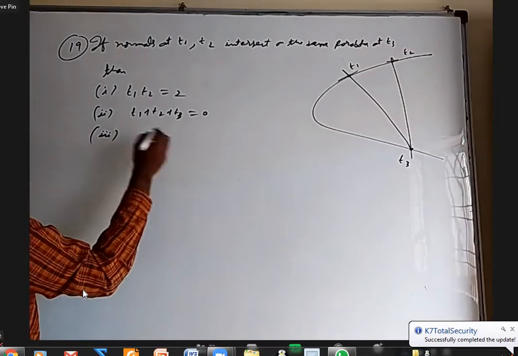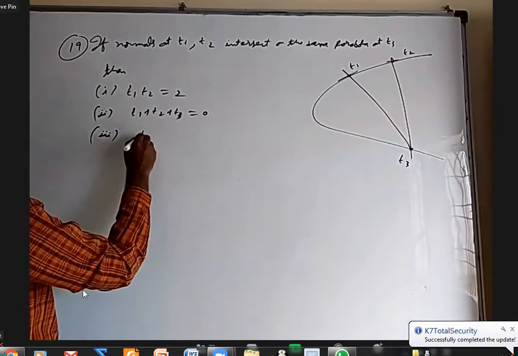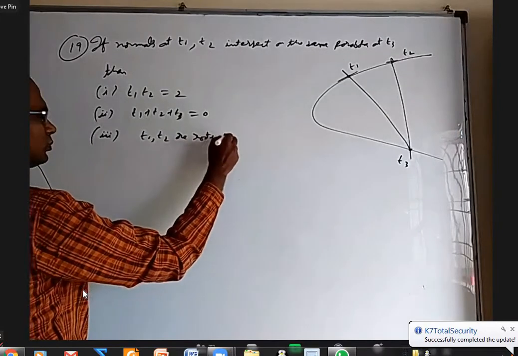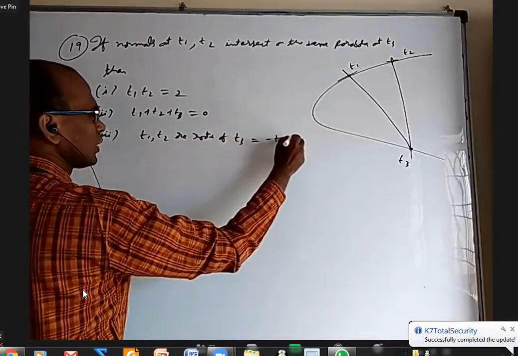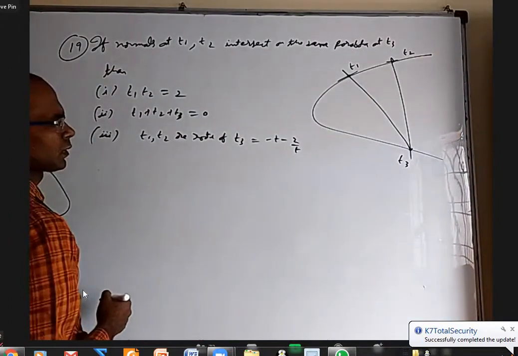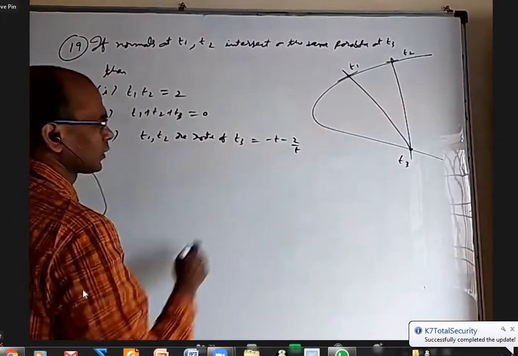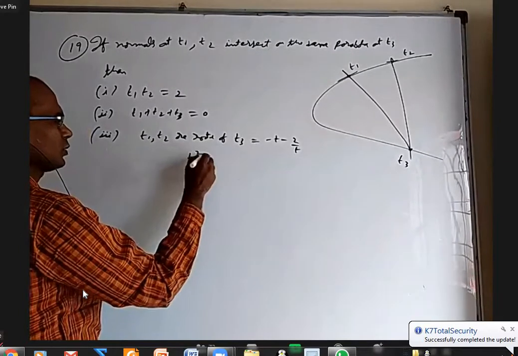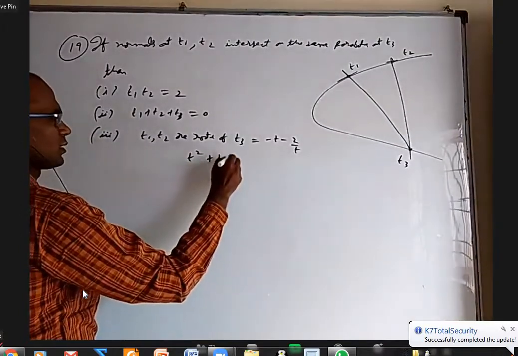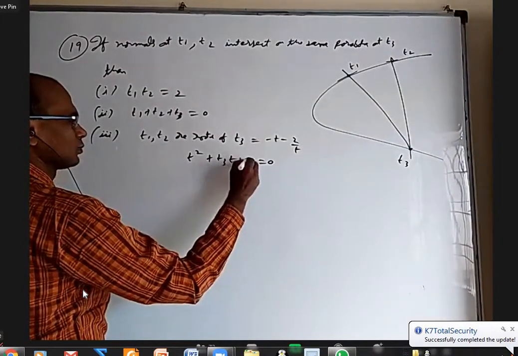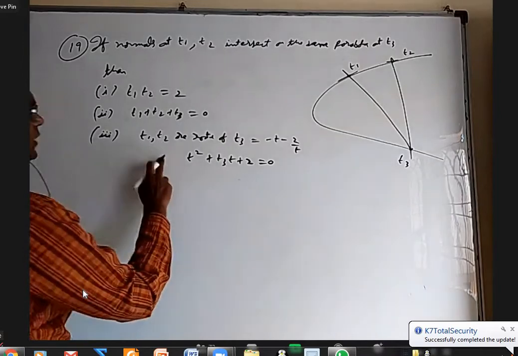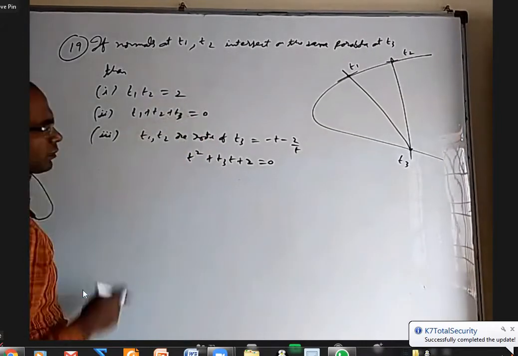And may not be so important, but t1, t2 are roots of t3 equal to minus t minus 2 by t, that is t square plus t3 t plus 2 equal to 0. Okay, actually if I tell the third point, both these are covered.